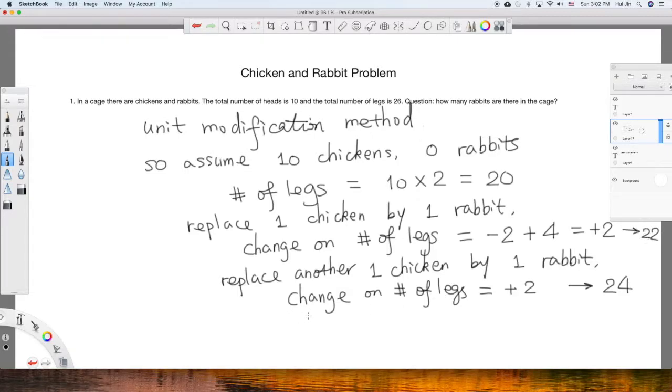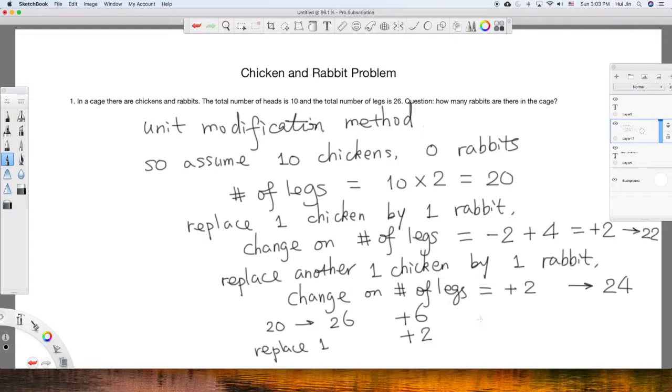Okay, so replacing one chicken by one rabbit, the total number of legs increase is always 2. So how many steps do we need? Well, that's actually only 3 steps, because from 20 to 26, we need to increase by 6. But each replacement increases by 2.